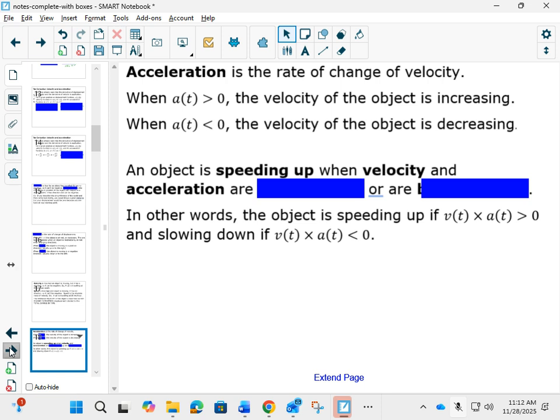If your acceleration is positive, your velocity is increasing. This kind of makes sense. When you're decelerating, you're slowing down. Okay? But we had this already: when your derivative is positive, your original function is increasing. When your derivative is negative, your original function is decreasing.